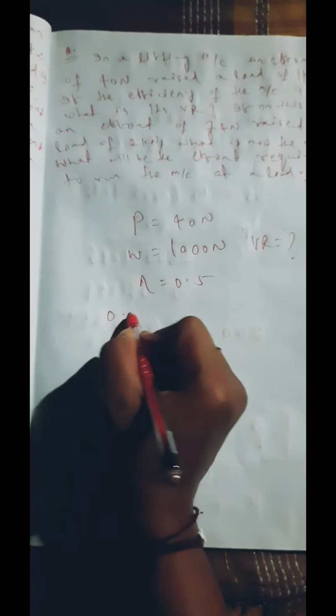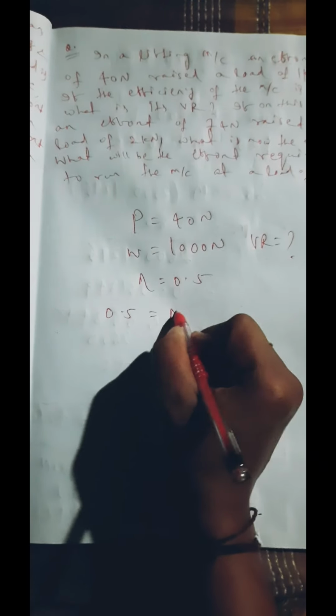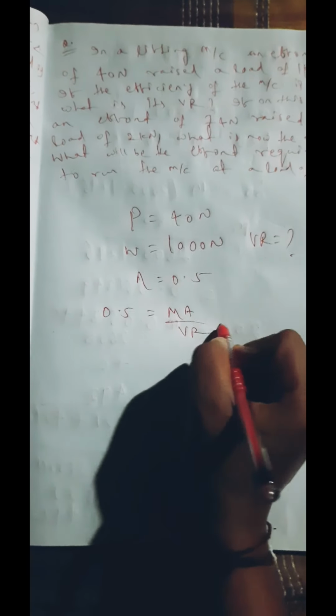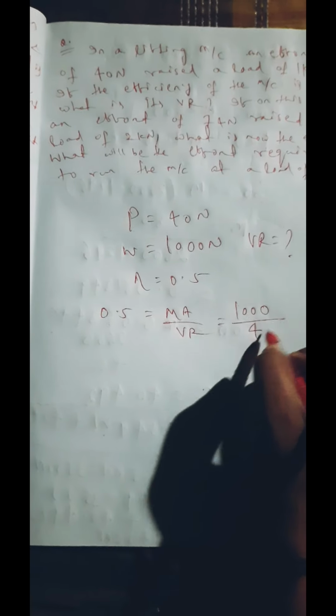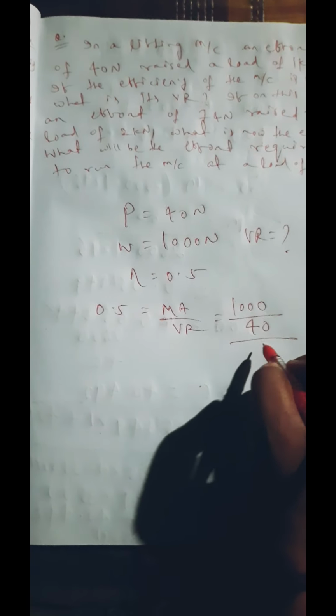So eta equal to mechanical advantage by velocity ratio, that is 1000 divided by P, that is 40, divided by velocity ratio.